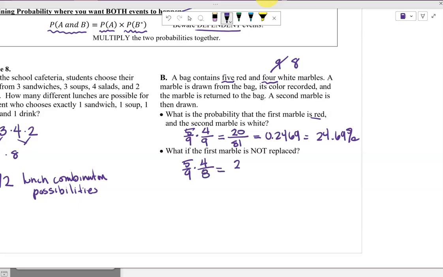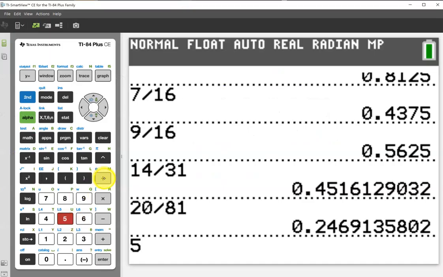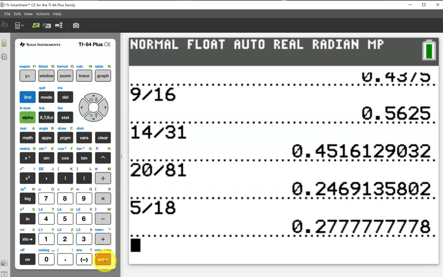So we have 20 over 9 times 8 is 72. That simplifies. 4 will go into both of those. 5/18. Put that into your calculator. 0.2778.